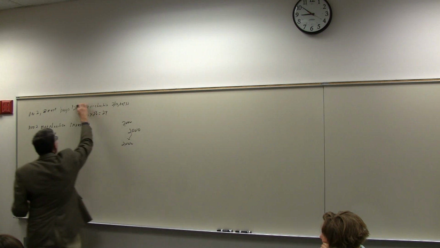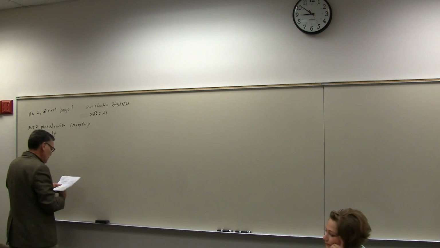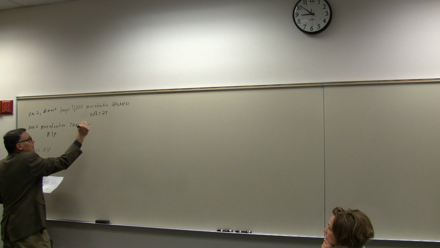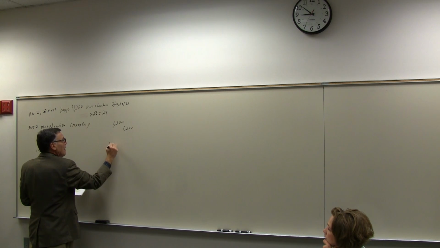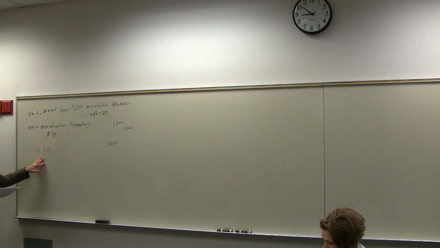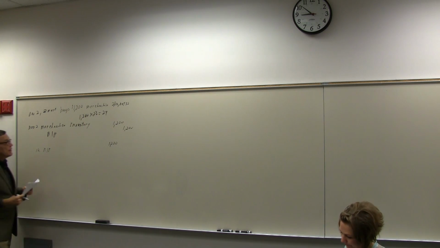Let me change this. If you guys are okay, it'll make it easier if I change all these to 1,200. Is everybody okay with that now? Okay, all right. Now, 1,200 times 2% is $24.